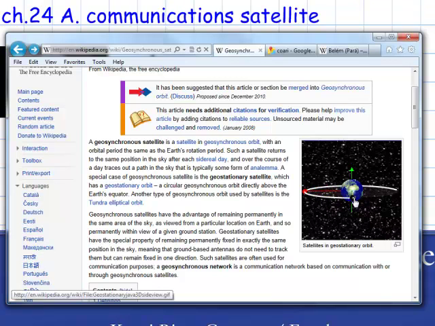And that is not 24 hours, it's exactly 23 hours, 56 minutes, and 4 seconds. That's how long the Earth needs for one rotation. The remainder, approximately 4 minutes to make a full 24-hour day, come in because the Earth at the same time is also orbiting. But for geosynchronous satellite to stay in exactly that same spot above the Earth, would mean 23 hours, 56 minutes, and 4 seconds.